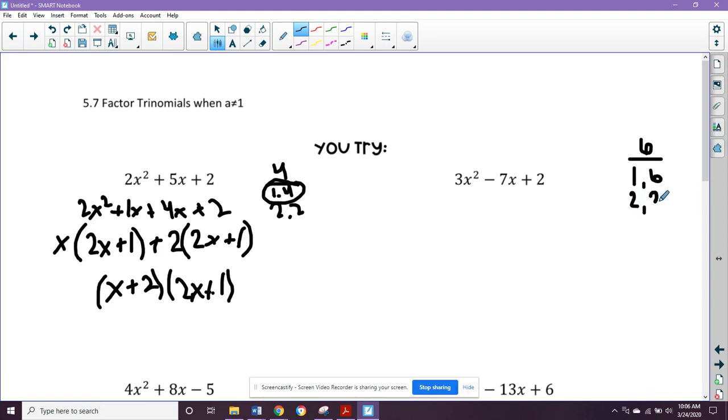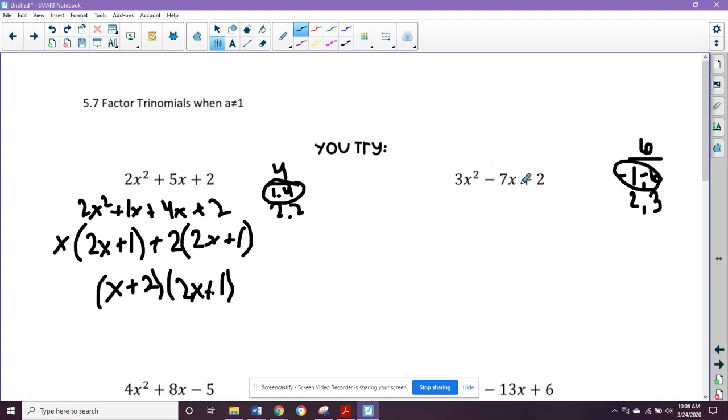What combination of these factors can we add or subtract to give us our negative 7? Negative 1 minus 6 gives us negative 7. Negative 1 times negative 6 gives us positive 6. Those are our two factors.